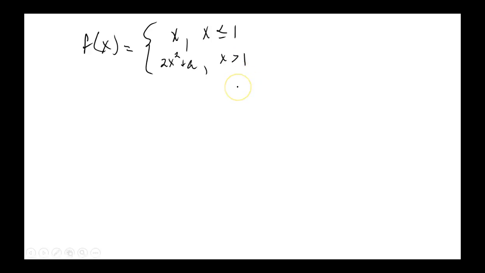Here's the f of x, a piecewise defined function. x for all x less than or equal to 1, and 2x squared plus a for all x greater than 1. If that's your function, find the value a that makes f continuous.